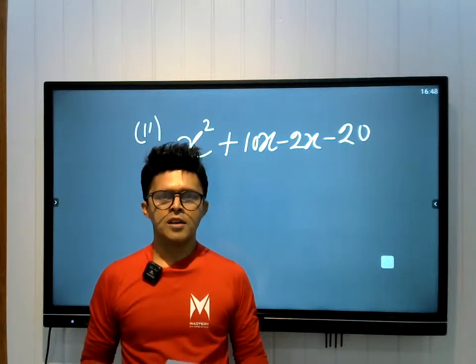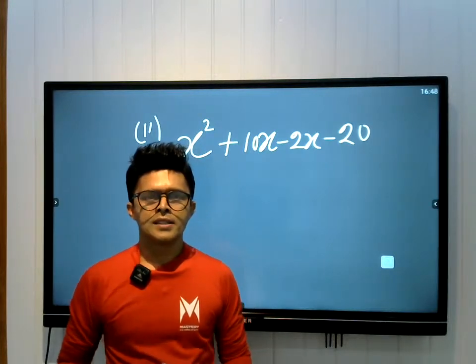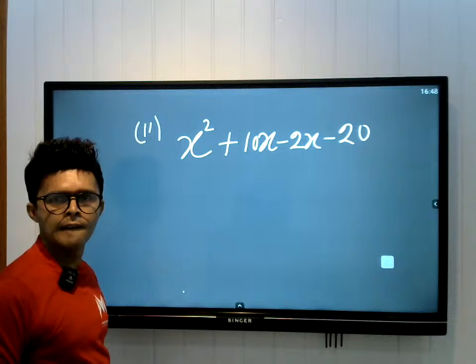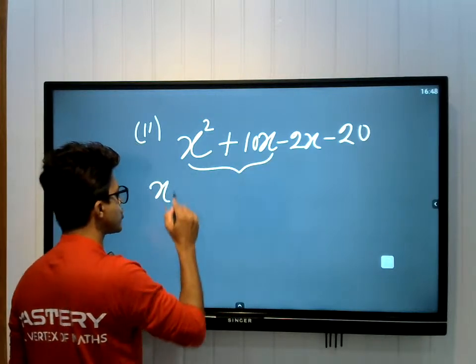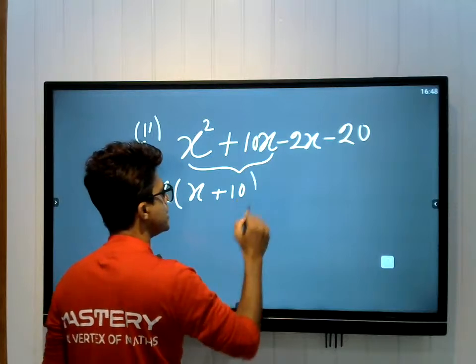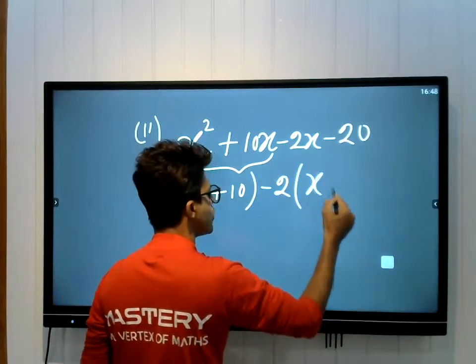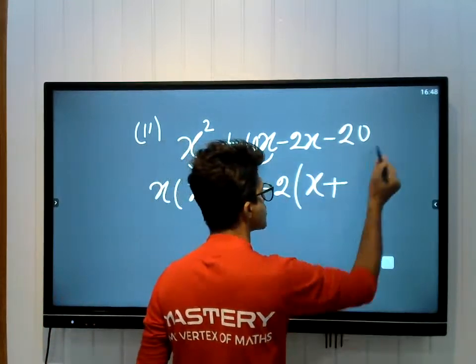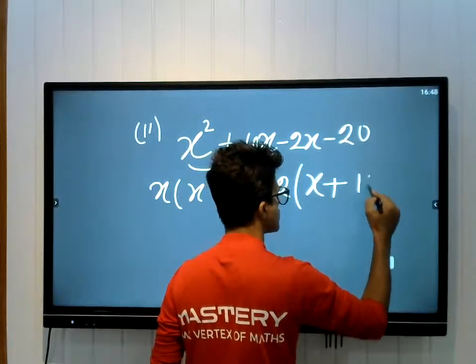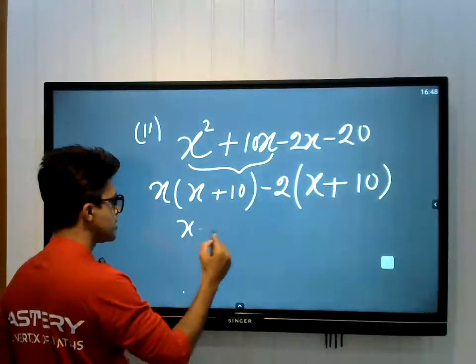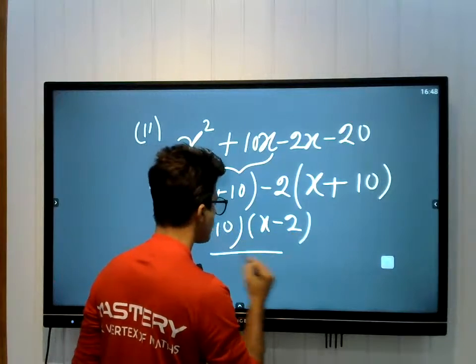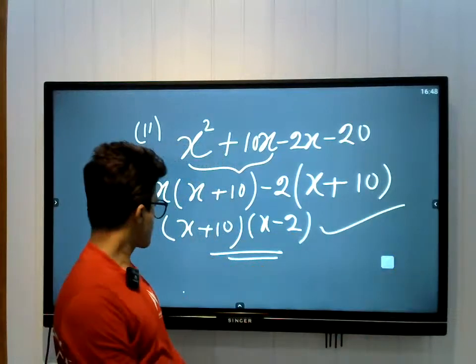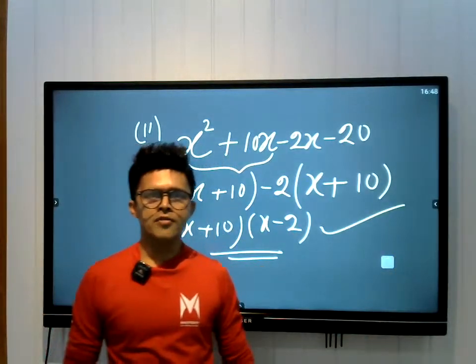What are the factors? Okay, we could get x as the common factor here. So x into x plus 10, and here minus 2 into x plus 10, since 20 upon 2 is 10. Then x plus 10 into x minus 2 are the factors.